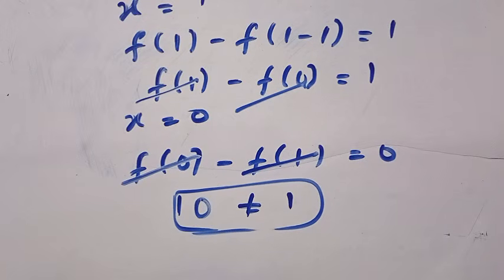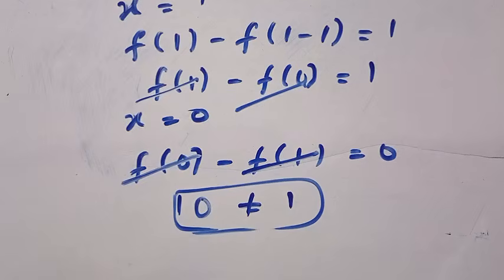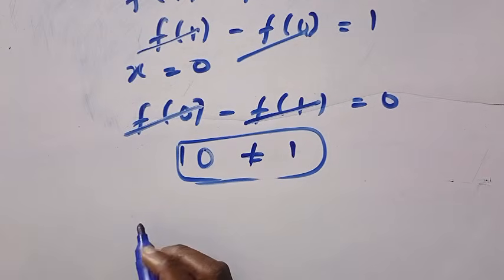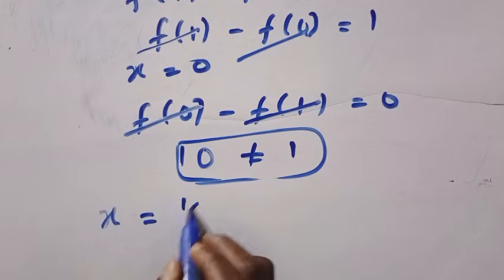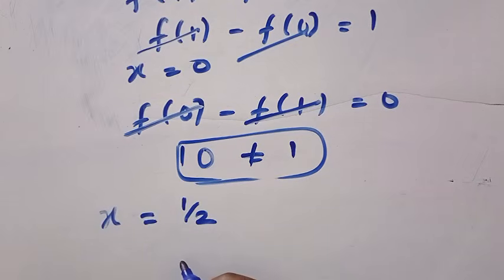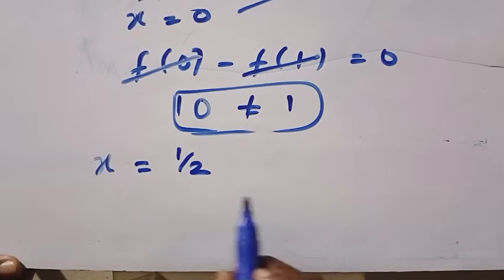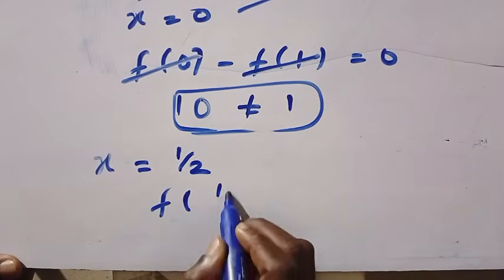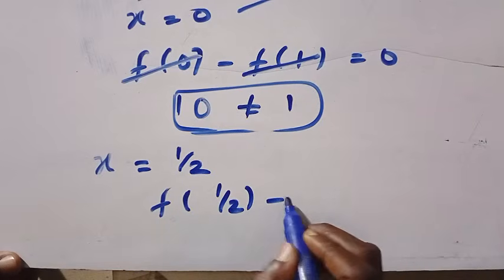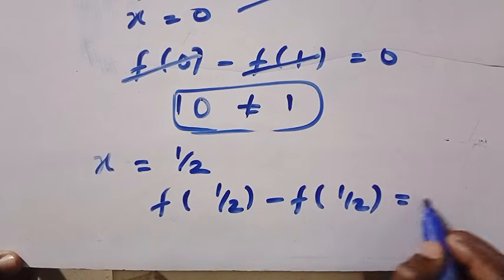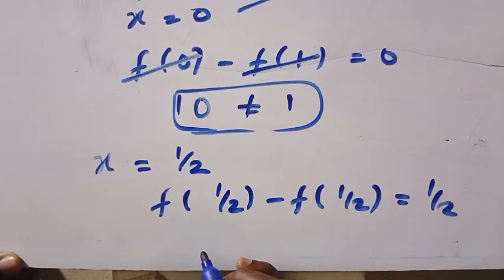So this makes sense. But what if we try to check some fractions? If I set x equal to 1 over 2 in the first equation, we have f of 1 over 2 minus f of 1 over 2 equals 1 over 2.